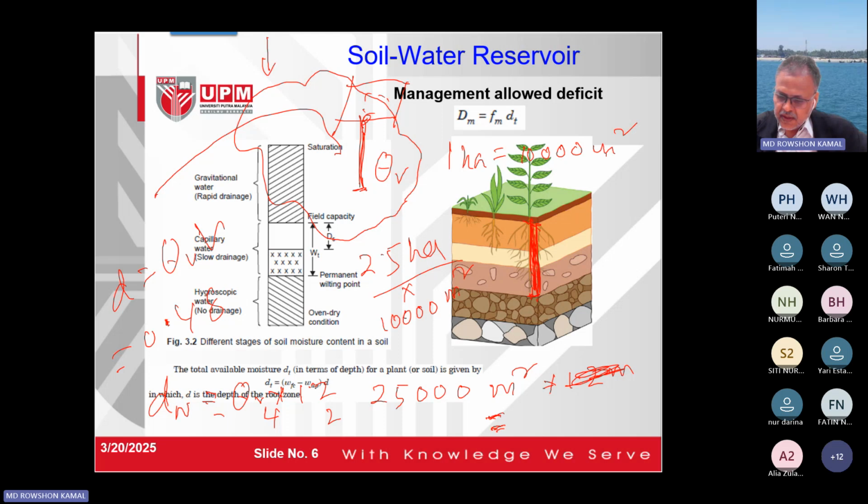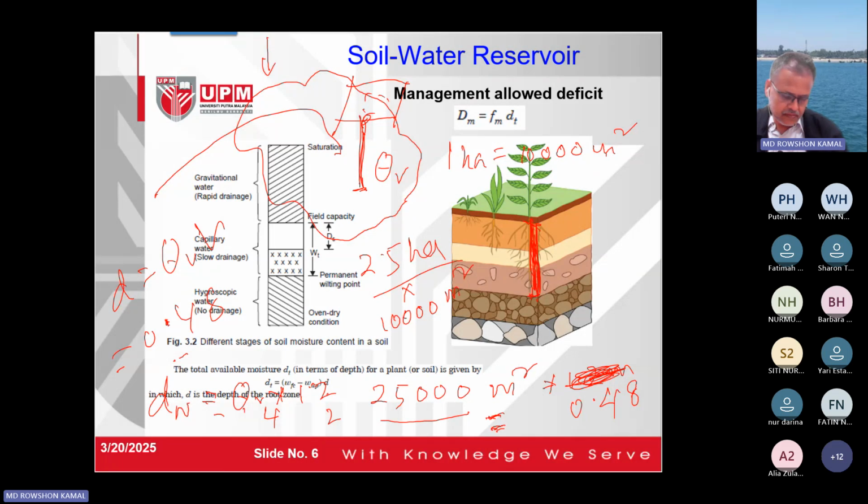Your area in meter square is multiplied by the depth of water.